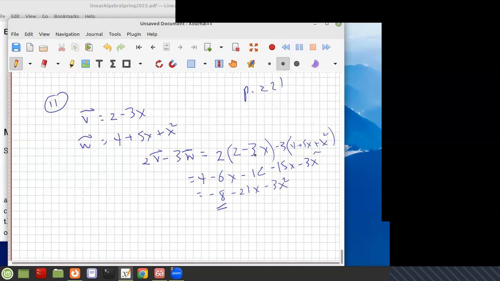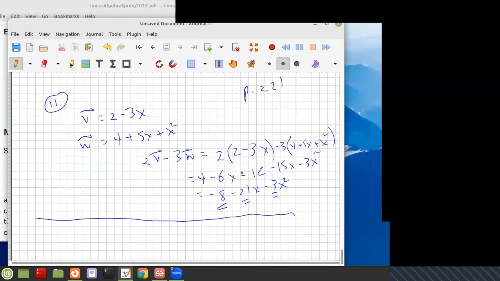The linear term is going to be minus 6 minus 15, which is minus 21. And the quadratic term is just minus 3x squared. Any questions or comments?